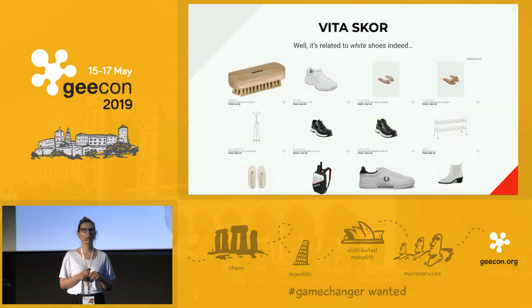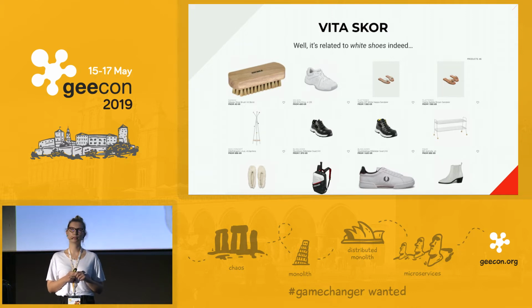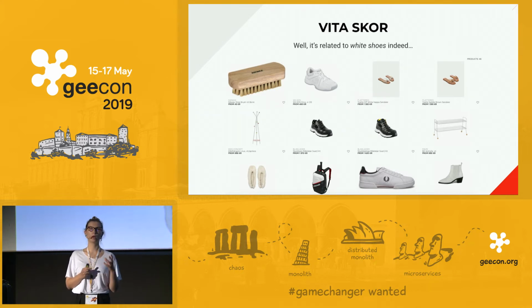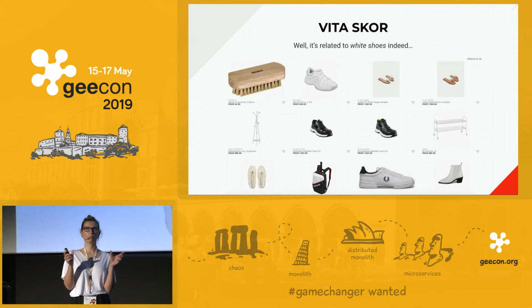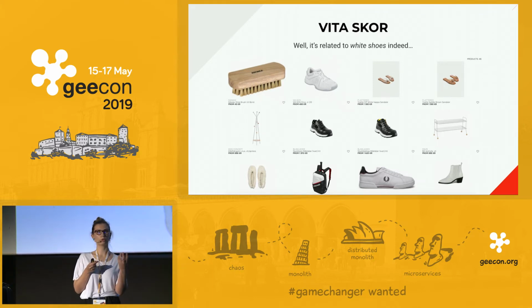By bad images, I mean the images of incorrect variants. For example, our famous Vita skor. Vita skor, if you're not familiar with Swedish, is white shoes. So if you type white shoes, what Elastic does is it takes white, it takes shoes, and it tries to combine it somehow. So it looks for white items and for shoes, and this is what we get.